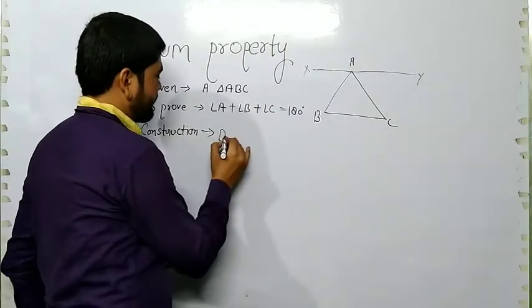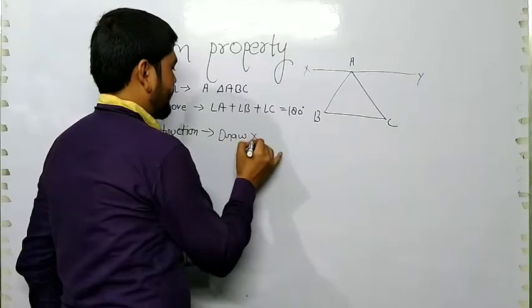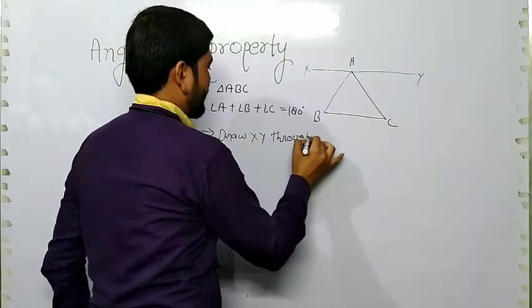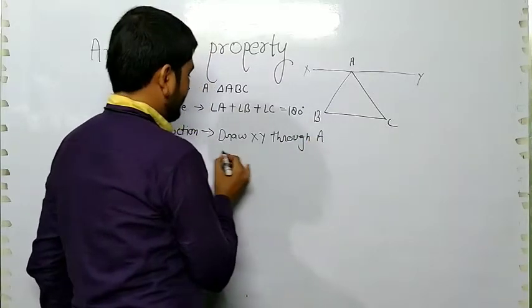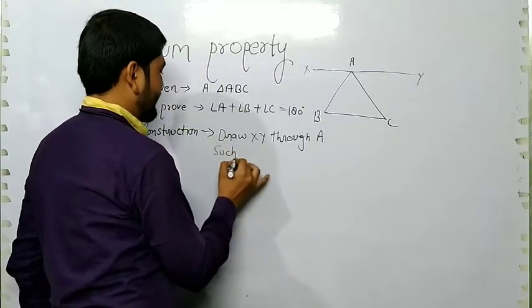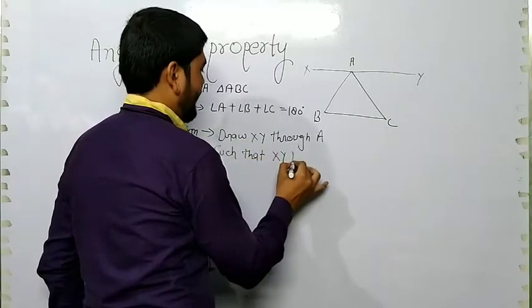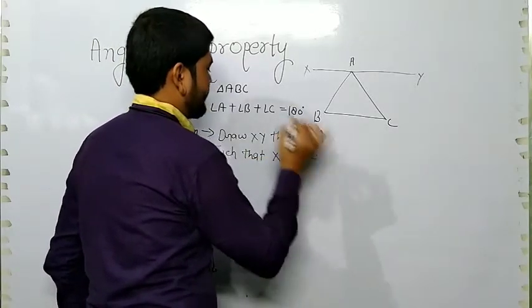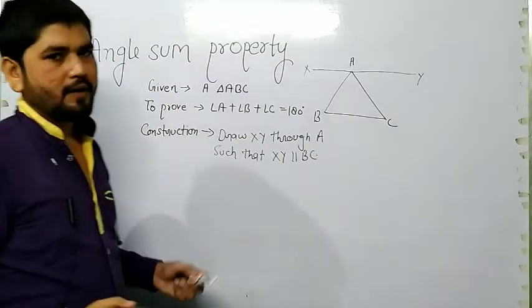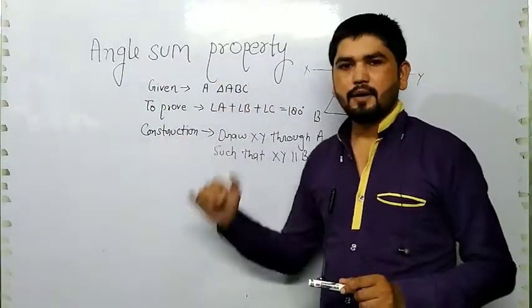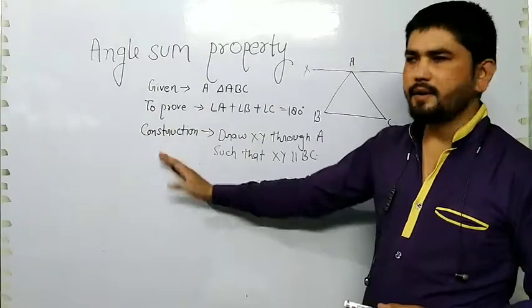Draw XY through A such that XY is parallel to BC. Okay, this is our construction.